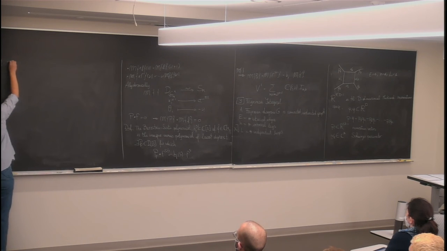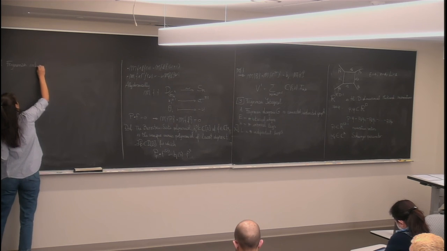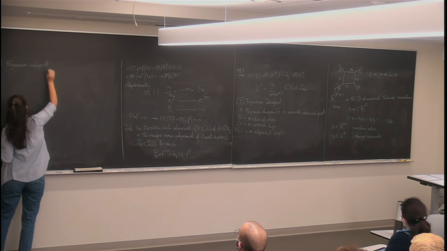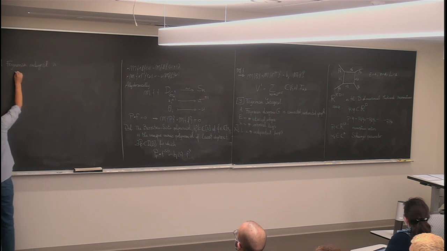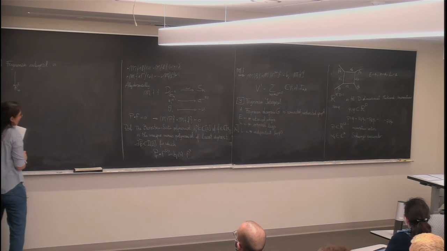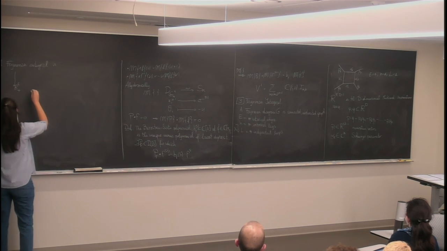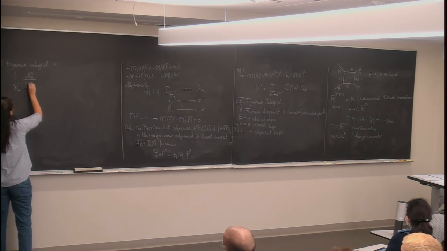So a Feynman integral is an integral over the positive part of the E-dimensional real space. And I'll write it and then try to explain what these symbols are.